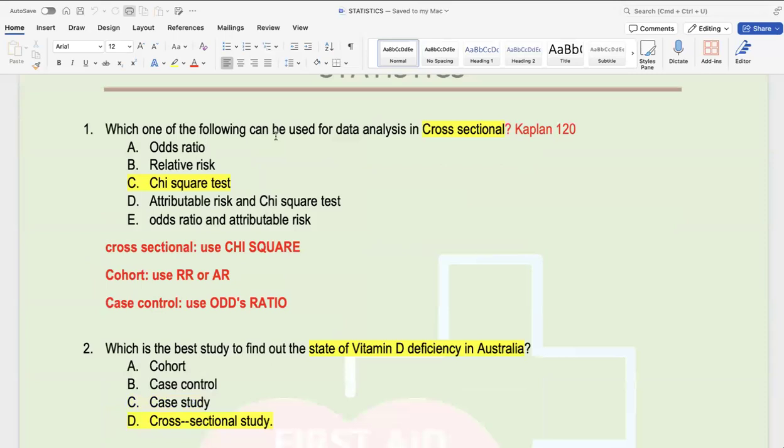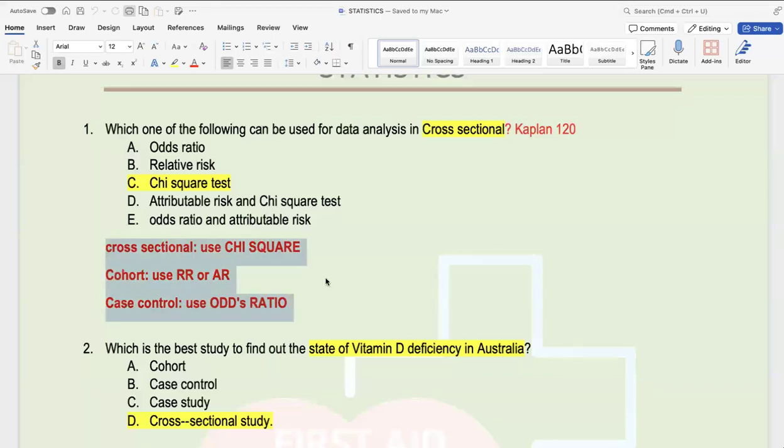The first question is, which of the following can be used for data analysis in cross-sectional studies? We just learned that for cohort, we use relative and attributable risk. For case control, we use odds ratio. And for cross-sectional, we use chi-square.